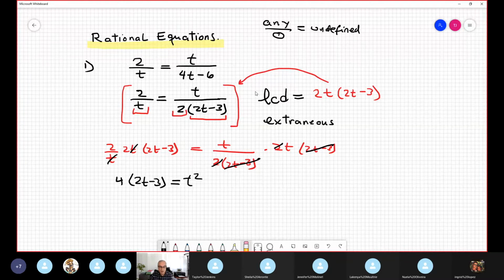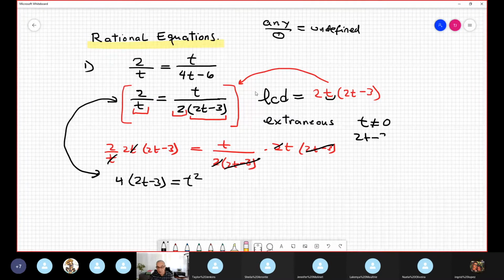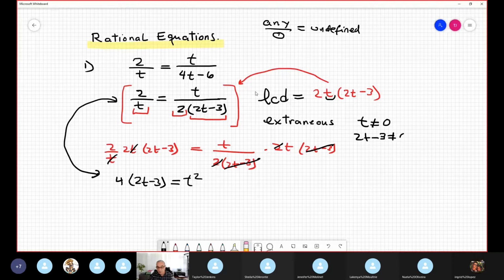So this expression and this expression are equivalent under the consideration that t is not 0. What does that mean? Well, 2 is obviously not 0. t is not 0, and 2t minus 3 is not 0.